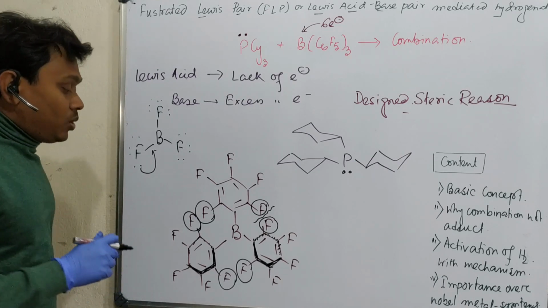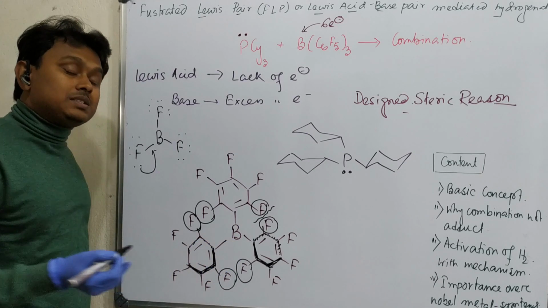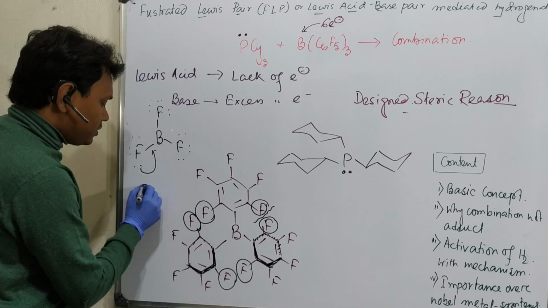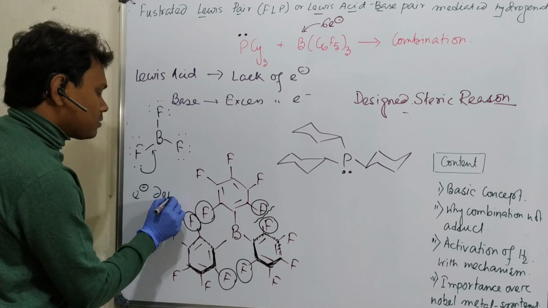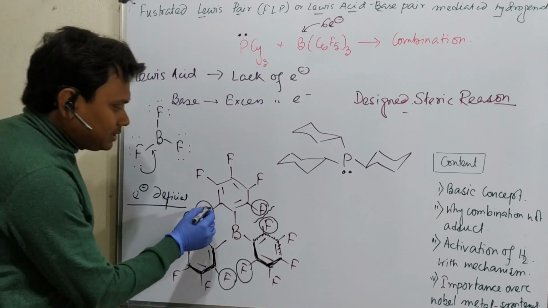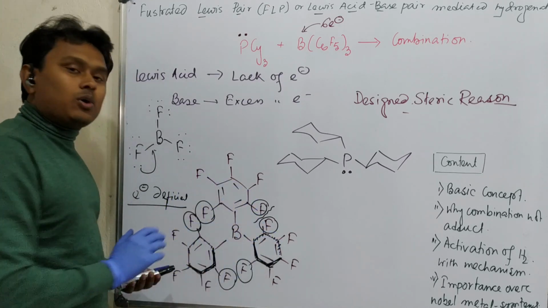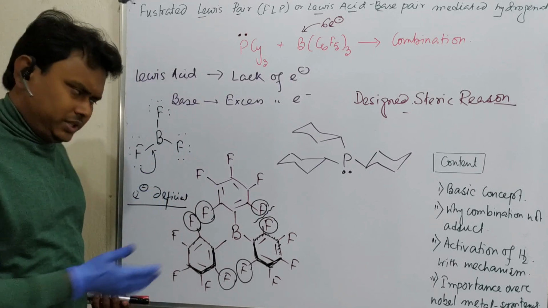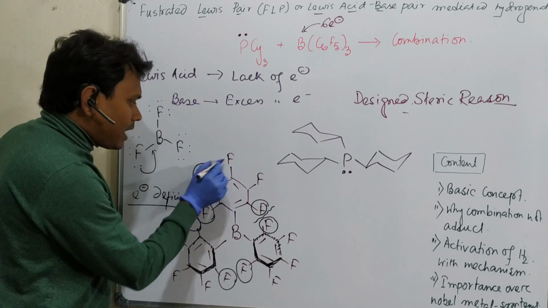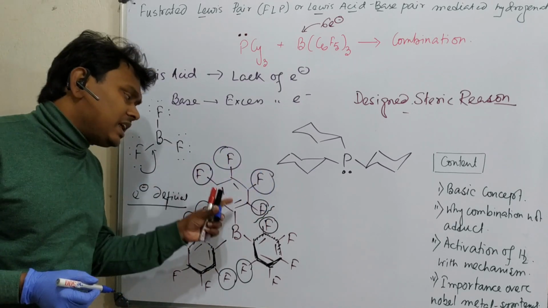But what is the consequence of this situation? That boron remains electron deficient. Okay, first. Second point, see, this phenyl ring, you may think, fine, 2 are out of plane, 1 is in the same plane, so why can't it donate? See, this boron is attached to 5 fluorine atoms, which are electron withdrawing.